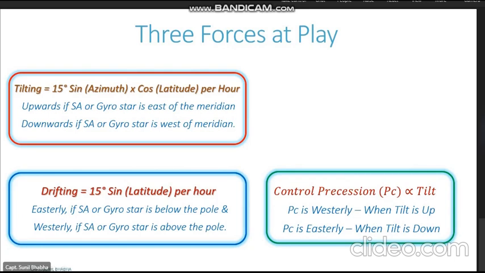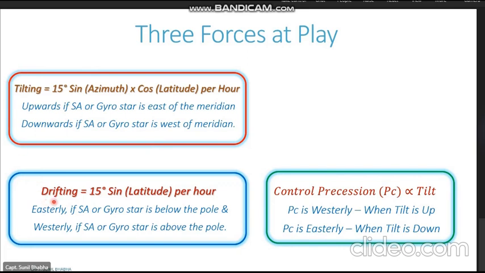The first is the tilting formula, which is 15 degrees sine of azimuth cos of latitude per hour. The tilting is upwards if the spin axis or the gyrostar is east of the meridian, and the tilting is downwards if the spin axis or gyrostar is west of the meridian. It is represented by the red color arrow, so that's why you see a red box around it.